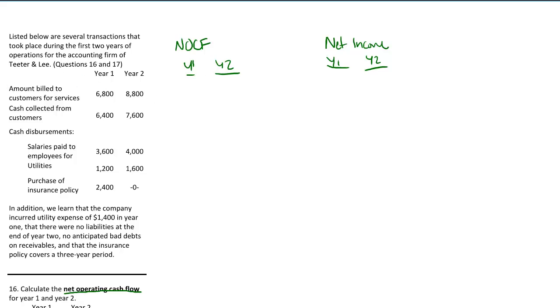Okay, cash flow, if you're focusing on cash flow, what you want to focus on is cash collection. So cash collected from customers.